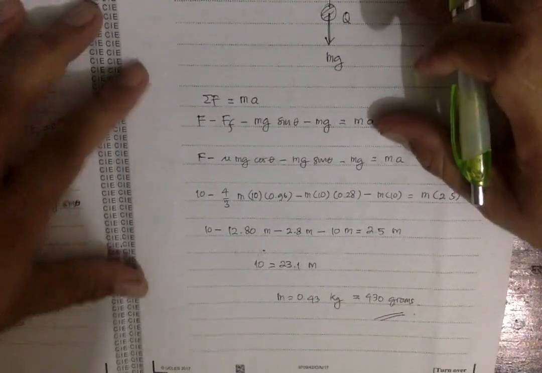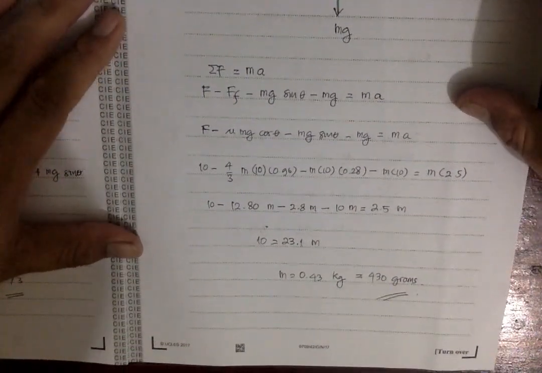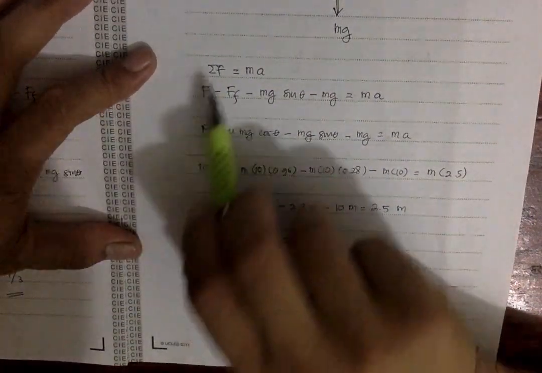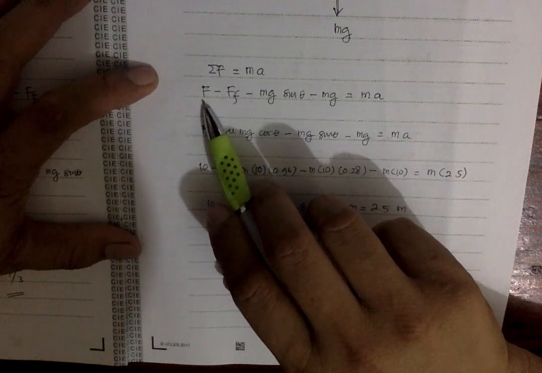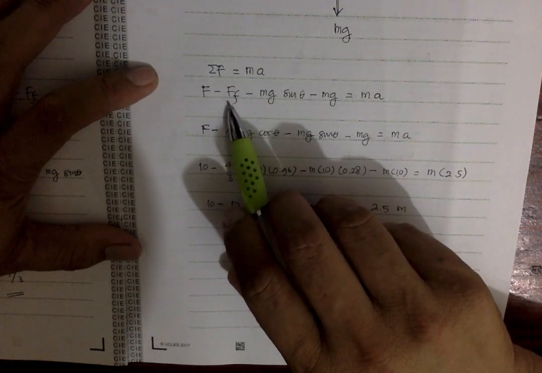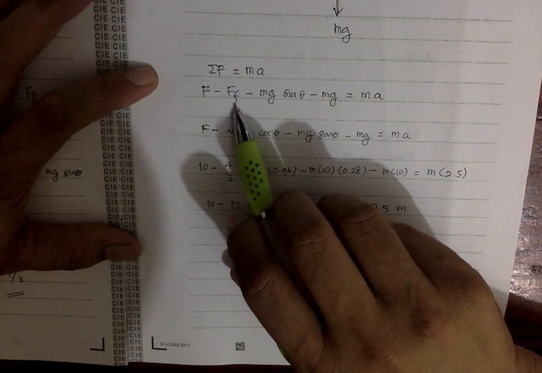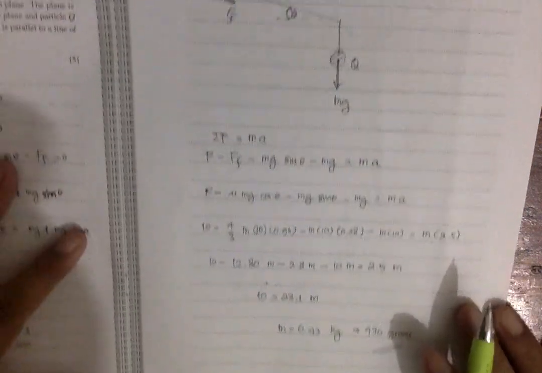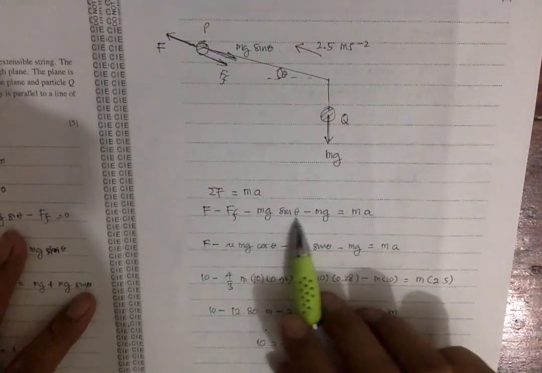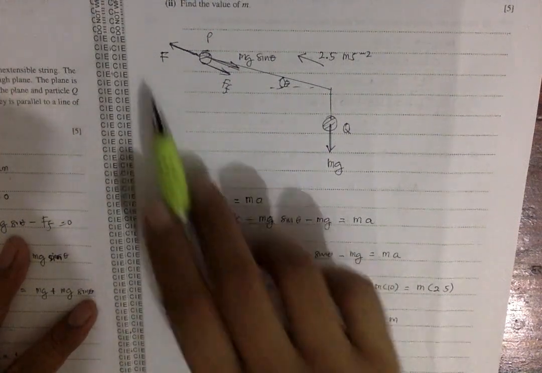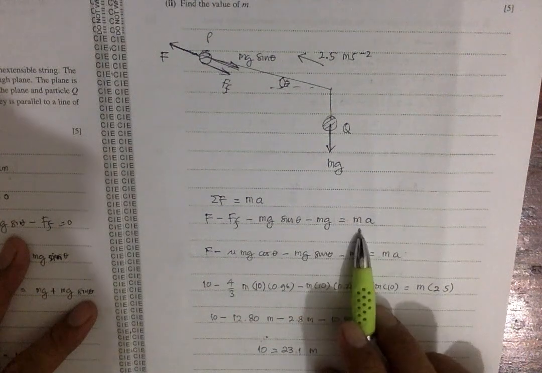So we just calculate using Newton's second law, that total force equals ma. The force is F, minus the frictional force because this is the opposite direction, minus mg sin theta, also in the opposite direction, minus mg, also opposite to F, so equals ma.